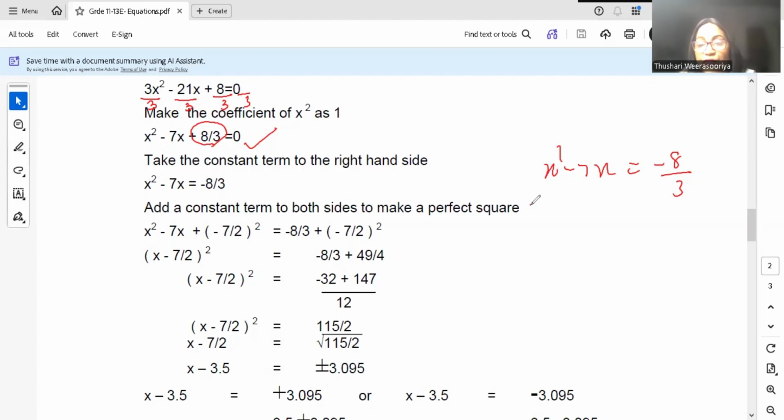To make the perfect square, you add something to this. What is that something? You take the coefficient of the x variable, divide it by 2, and get the square of that. This is the term we are going to add to make this a perfect square.